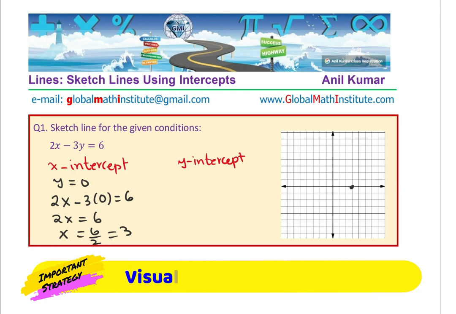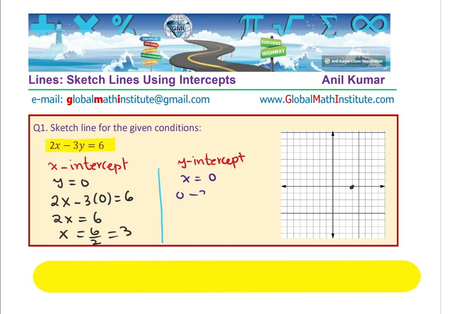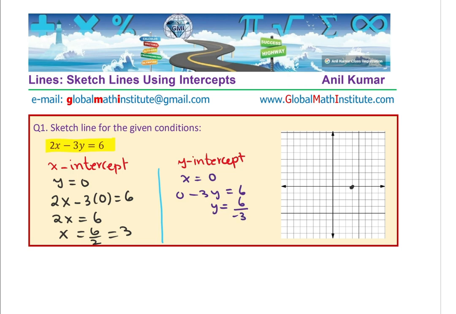Great. Now let's find the y-intercept. For the y-intercept, we have to put x equals 0 in the given equation, which is 2x minus 3y equals 6. What happens? Well, we get 0 minus 3y equals 6. And therefore, y equals 6 divided by minus 3, which is y equals minus 2.